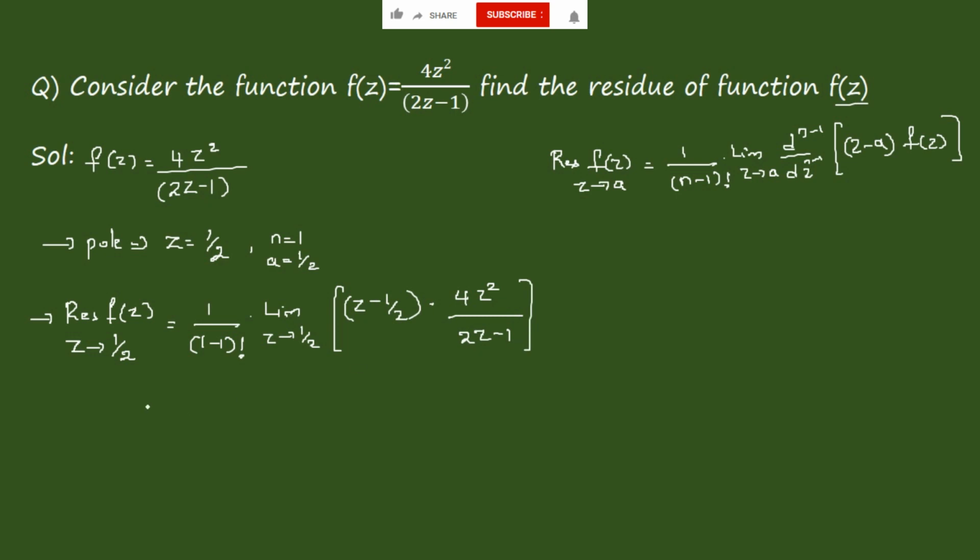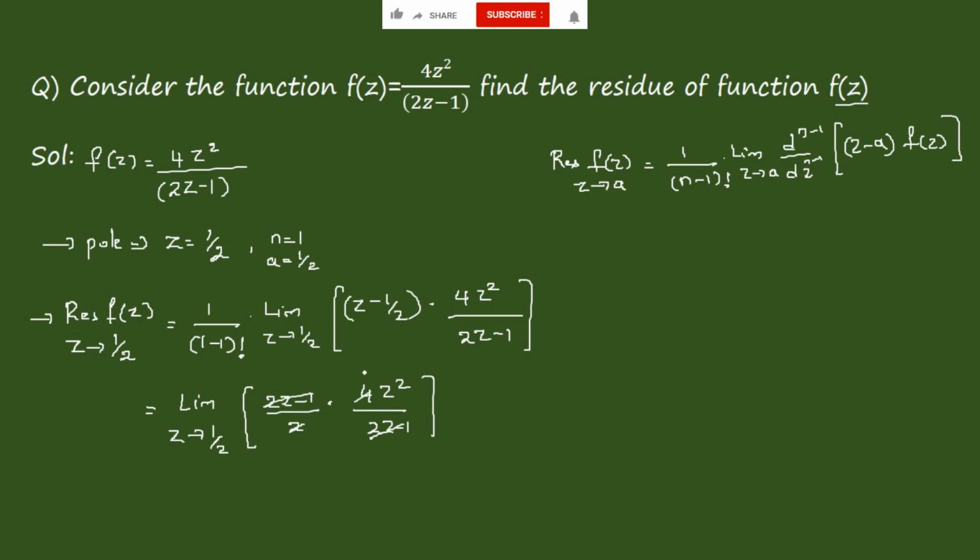Now to cancel both of them, you have to consider the LCM effect, and the 0 factorial is nothing but 1, so it becomes limit z tends to 1 by 2 into 2z minus 1 by 2 into 4z square by 2z minus 1. 2z minus 1 and 2z minus 1 get cancelled.